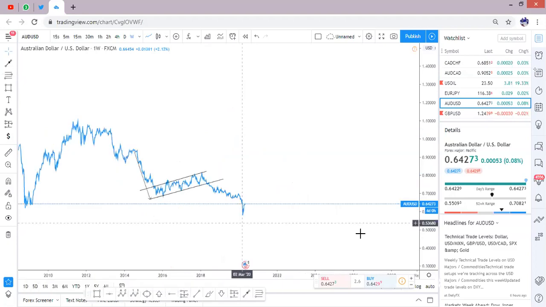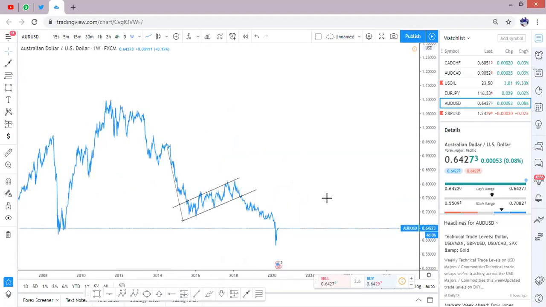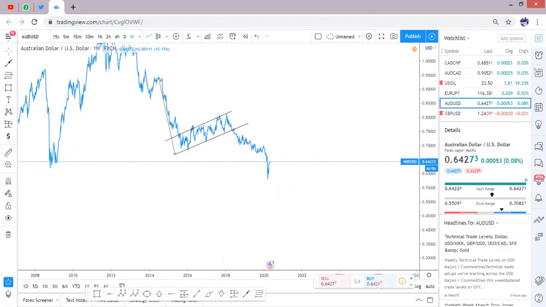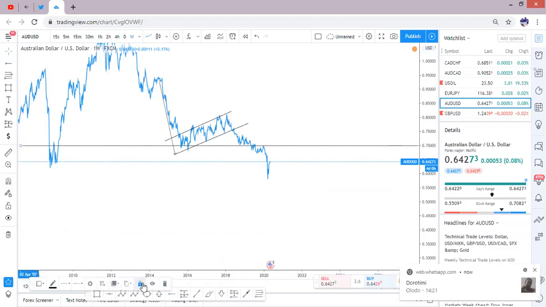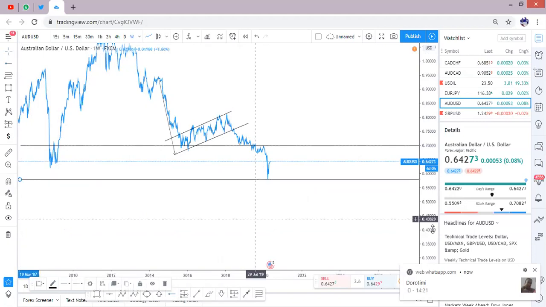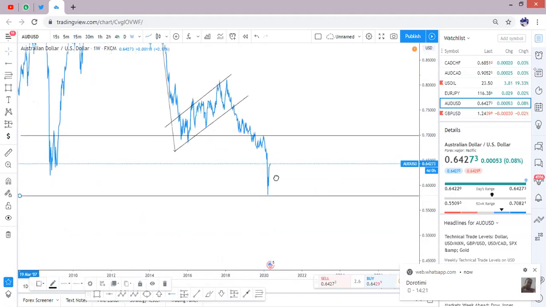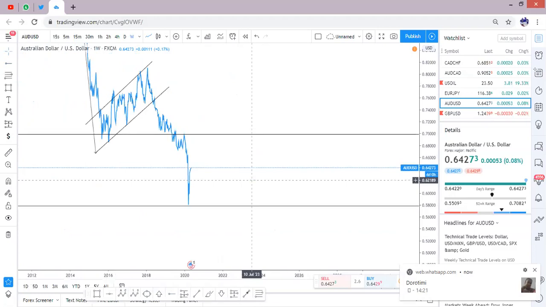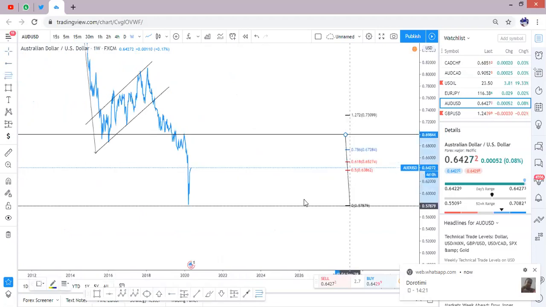So all I just have to point out here is my support and resistance, just to track the price, and to put in my fib to see what's currently happening from this drop to this here.